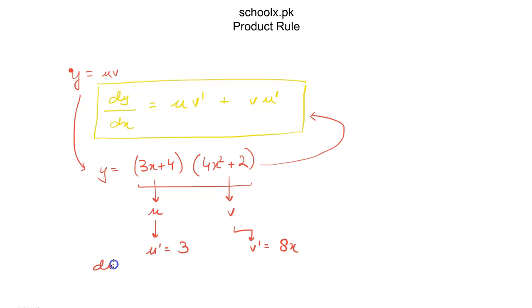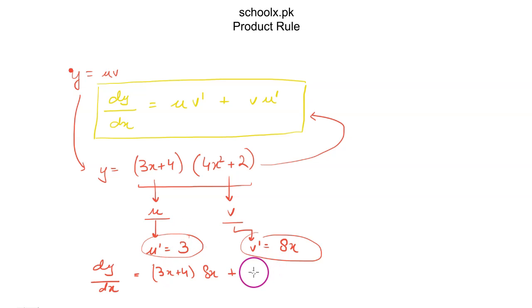So dy over dx will be u into derivative of v, which is 3x plus 4 into 8x, plus v into derivative of u. So v is 4x squared plus 2 into 3, right?